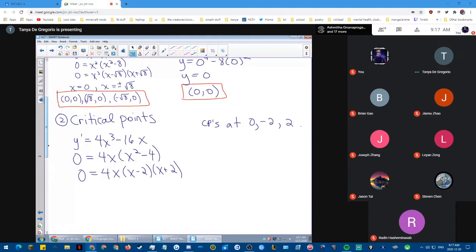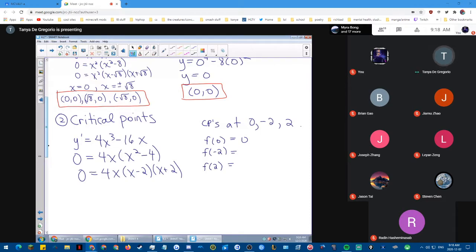Clearly, one of them is repeated. Yes, you see that? We already know what f of 0 is. It's 0, 0. Okay? So you sub in these values to get your point. So when you sub in -2, what do you get? Sub it into the original, right? We're finding points on our graph.